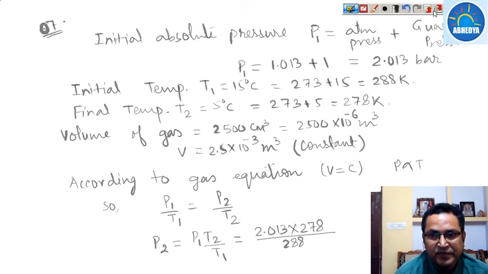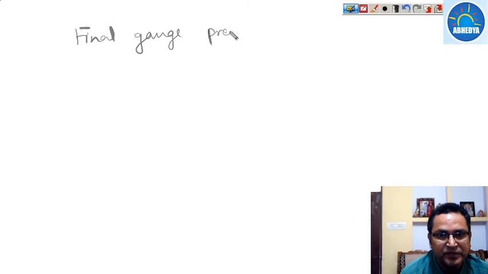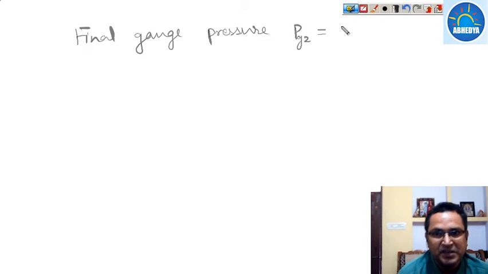Now, so final gauge pressure, let this value be Pg2. So this is nothing but P absolute minus 1.013 bar, that is the atmospheric pressure.